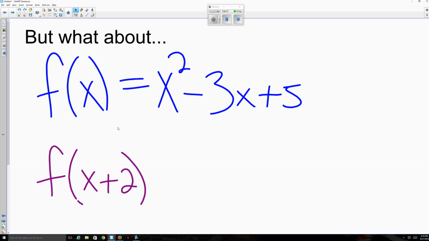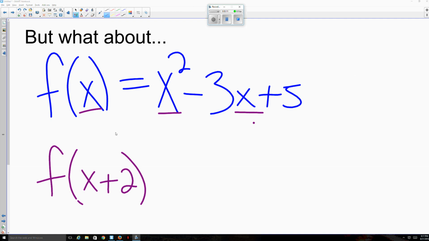Everywhere there is an x here, we are going to replace it with x plus 2. So everywhere we've underlined the x, we're going to put in x plus 2.